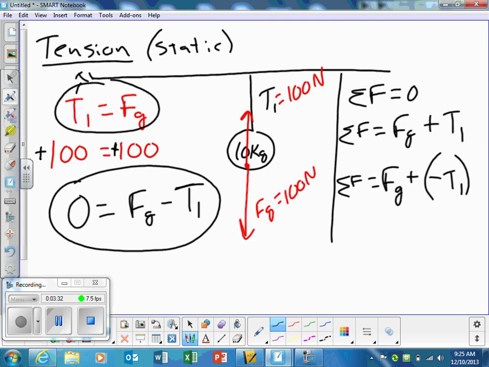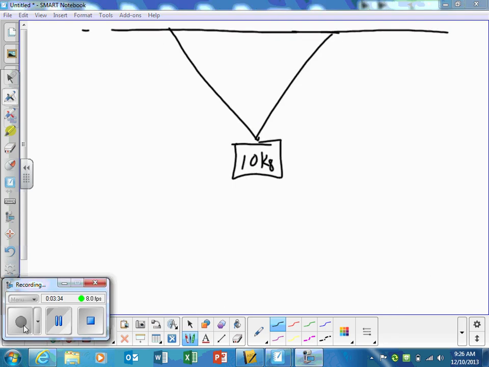Any questions about that? Okay, so now we have the same 10-kilogram mass. And I'm going to say that these angles are the same, and that they're equal to 30 degrees. Okay. So I'm going to call this T1 and this one T2.